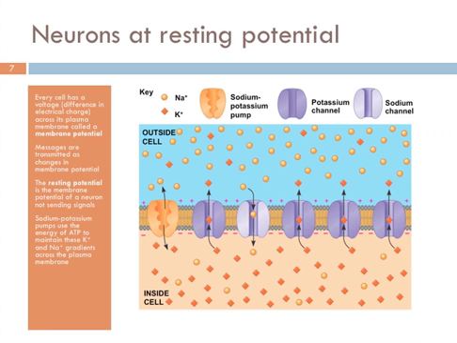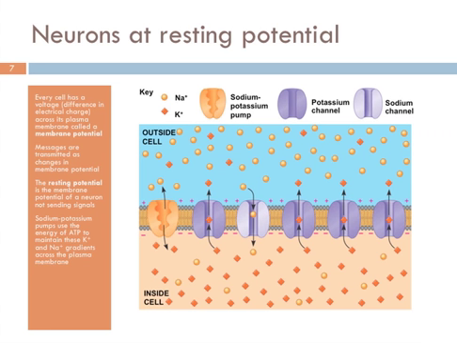This is especially important in neurons because neurons need to communicate using electrical signals. And so it's very vitally important that the resting potential in a membrane of a neuron be maintained. Remember that ions face an electrical gradient, whereby positive ions are attracted to a negative side of the membrane, but they don't always diffuse across the membrane in that direction.